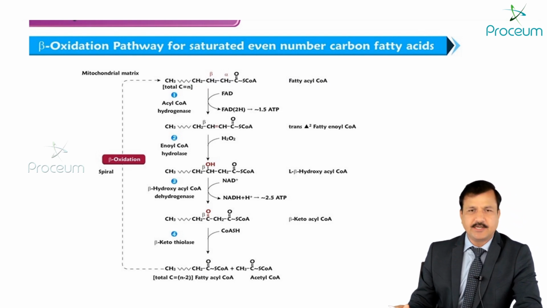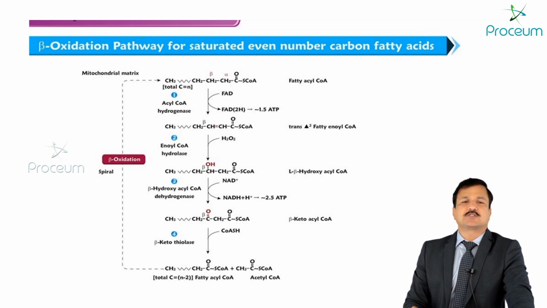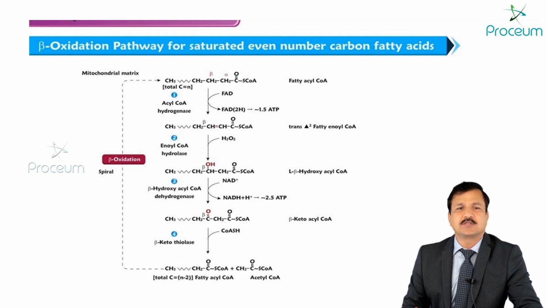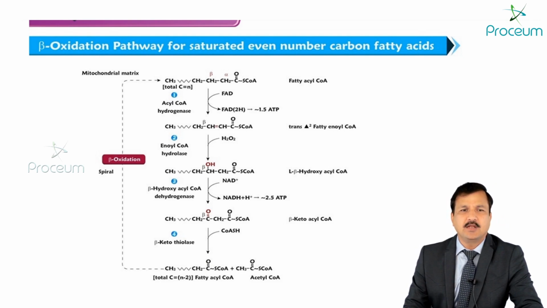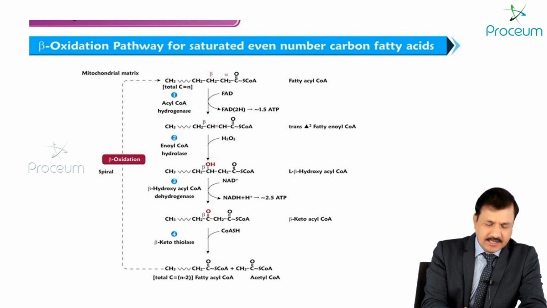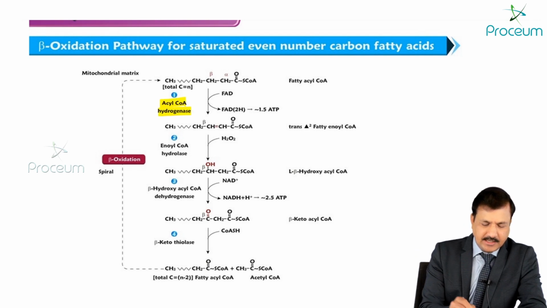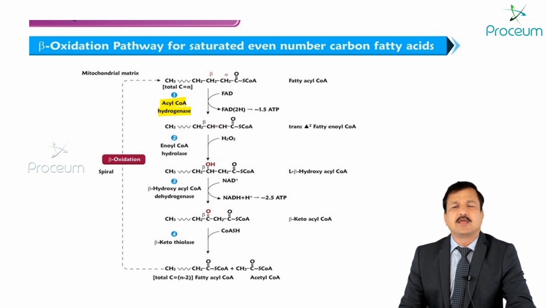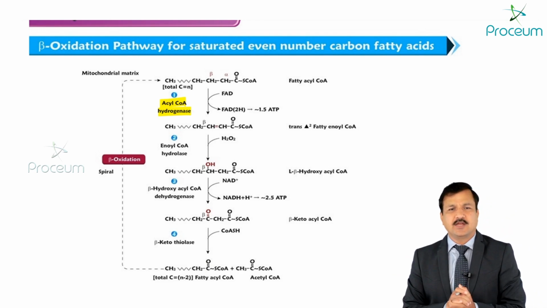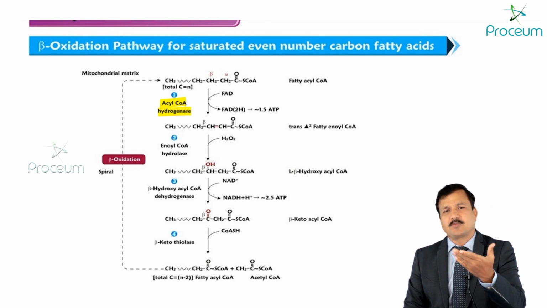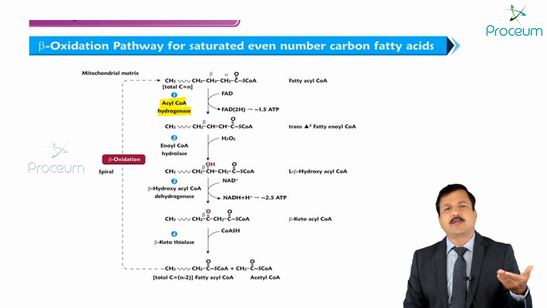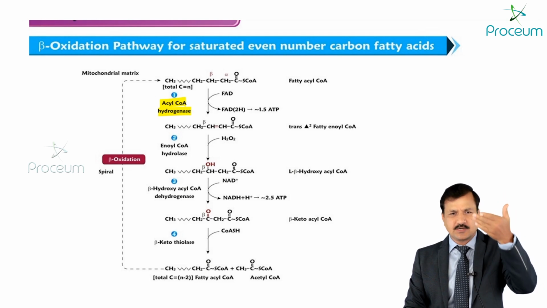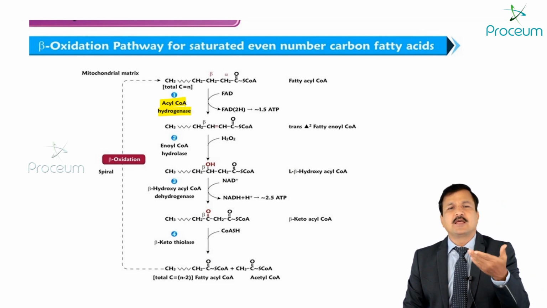Now, let's look at the beta carbon. The very first reaction in the beta oxidation spiral is catalyzed by acyl-CoA dehydrogenase. This is a general name. It can be any type of acyl-CoA dehydrogenase depending on the fatty acid. If it is palmitic acid or palmityl-CoA, it is palmityl-CoA dehydrogenase, and you just replace all the names down there with palmityl-CoA.